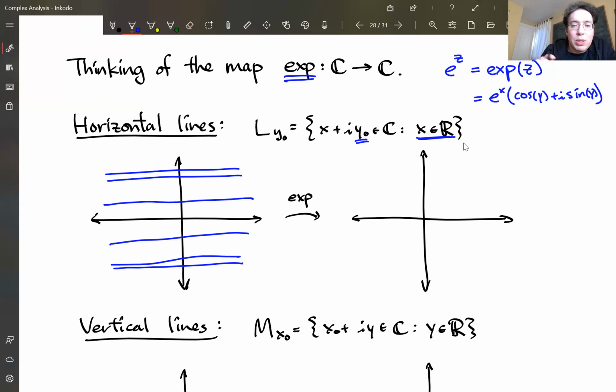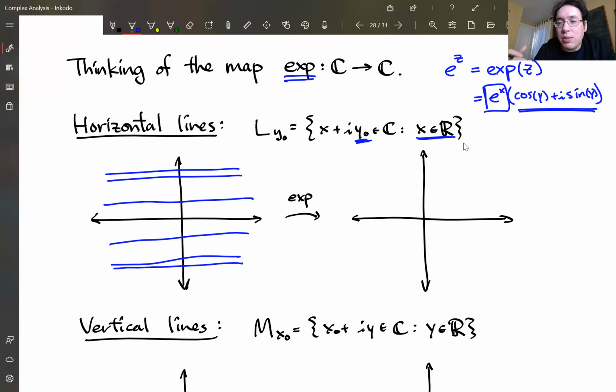Okay. What does this do in the output? Well, if we fix y naught, that means that we're fixing a particular angle in the output. And then as far as the real part goes, the real part is ranging from negative infinity to positive infinity as it goes from left to right.